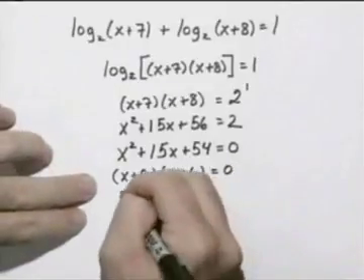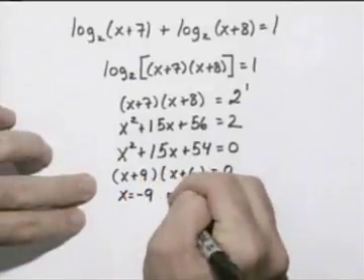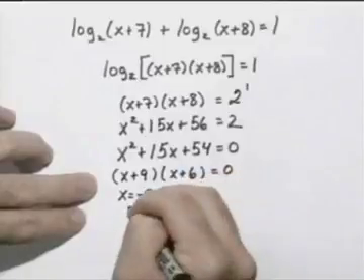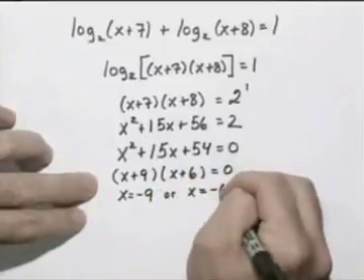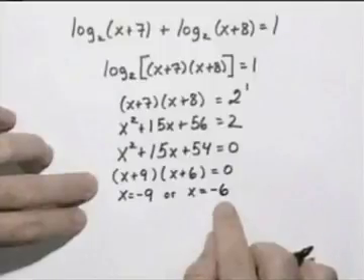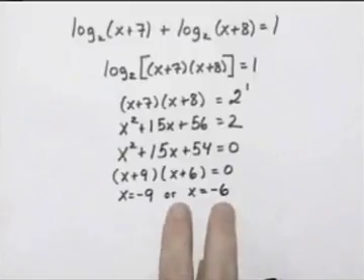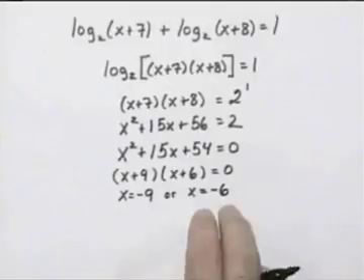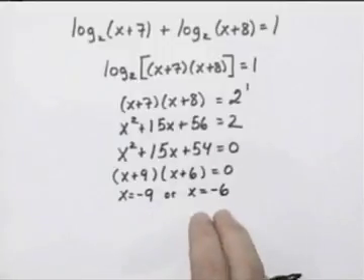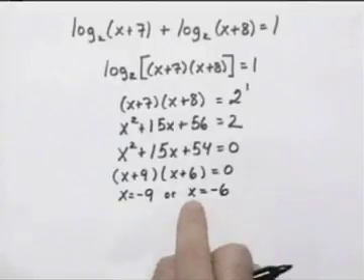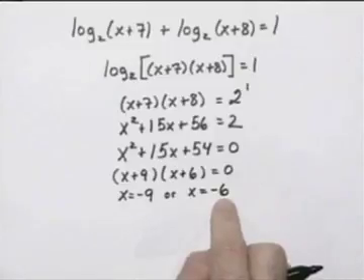Using the zero product property, we get that x equals negative 9, or x equals negative 6. Now what we need to do is see whether or not either of these are extraneous solutions. Don't automatically assume that because the value of the variable is negative, that the answer is extraneous.